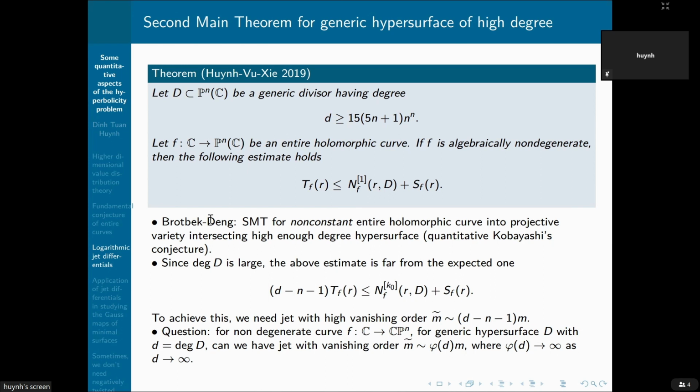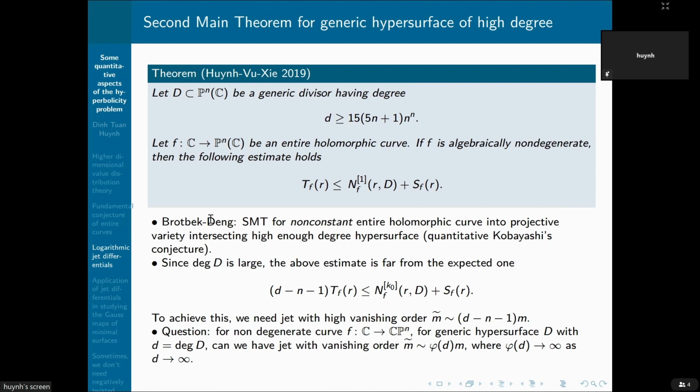To have a good jet, you need the condition that the degree is very large compared with the dimension. Under this condition, you have a second main theorem. The first result in this direction is established in the case where f is algebraically non-degenerate, and later you can deal with the case where the entire curve is non-constant. Namely, they establish a quantitative result for the logarithmic Kobayashi conjecture.